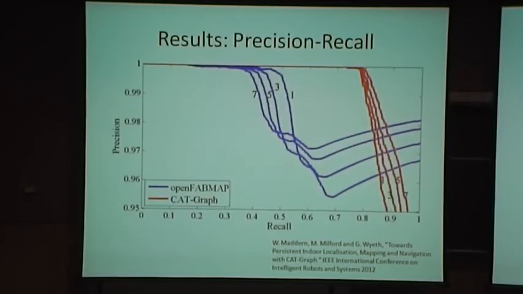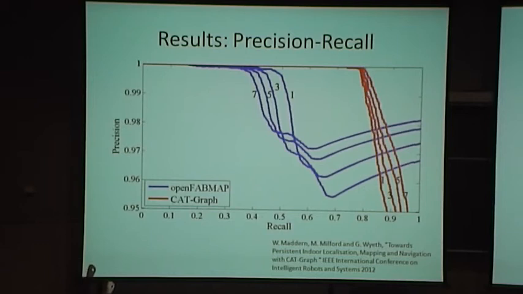The interesting thing in terms of looking at a precision recall graph here is that if you use FabMap, a state-of-the-art appearance-based matching algorithm, its performance degraded over time. Okay, so day 1, FabMap's doing reasonably well. Day 3, day 5, day 7.